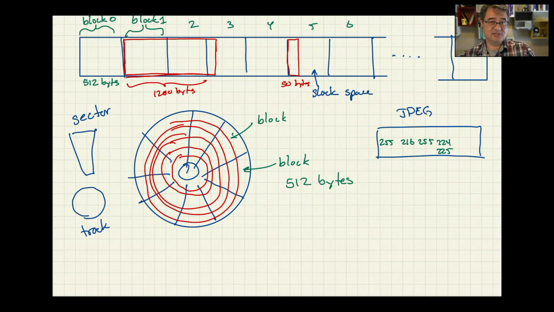Okay, so all JPEGs start with one of those two 4-byte sequences, either 255, 216, 255, 224, or 255, 216, 255, 225. That last byte just depends upon what kind of camera was used to take the picture. Other kinds of files like PNGs or video files have different byte sequences at the start.